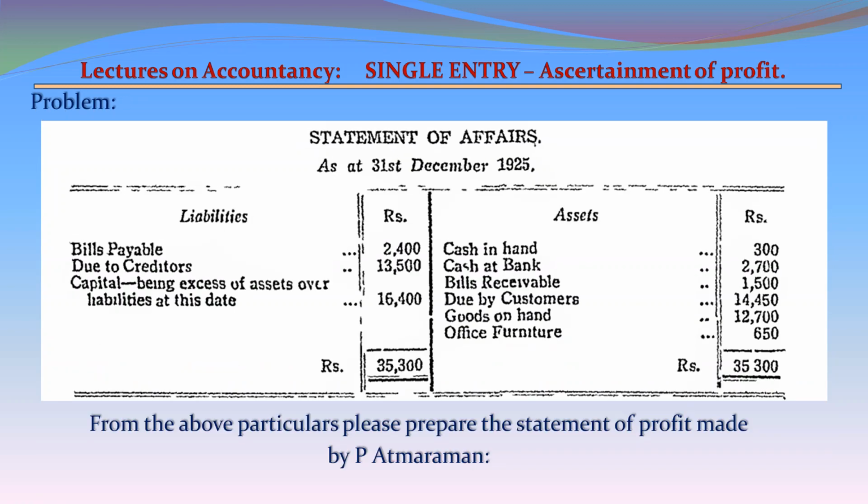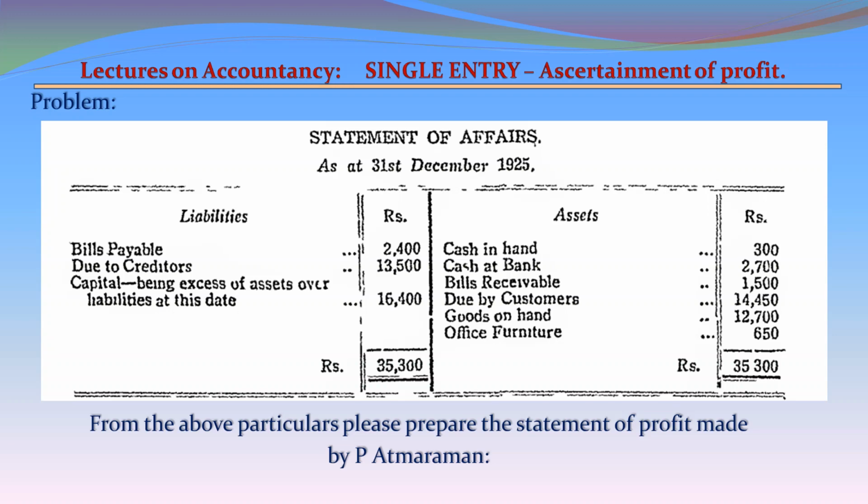Statement of affairs as at 31st December. On the asset side: cash on hand 300, cash at bank 2,700, bills receivable 1,500, due by customers 14,450, goods on hand 12,700, office furniture 650, total assets 35,300.